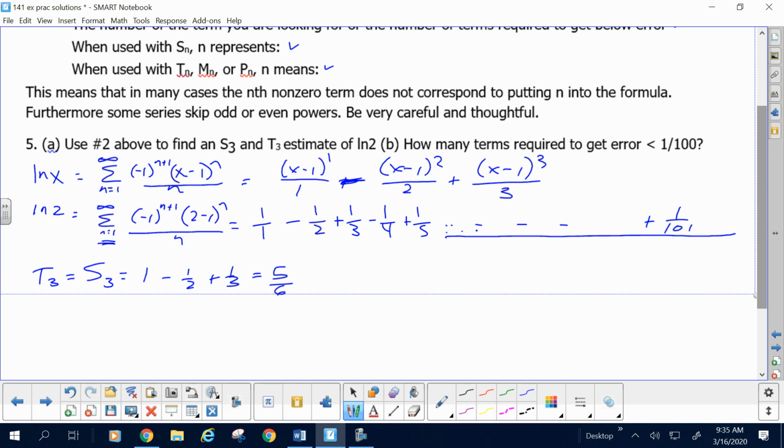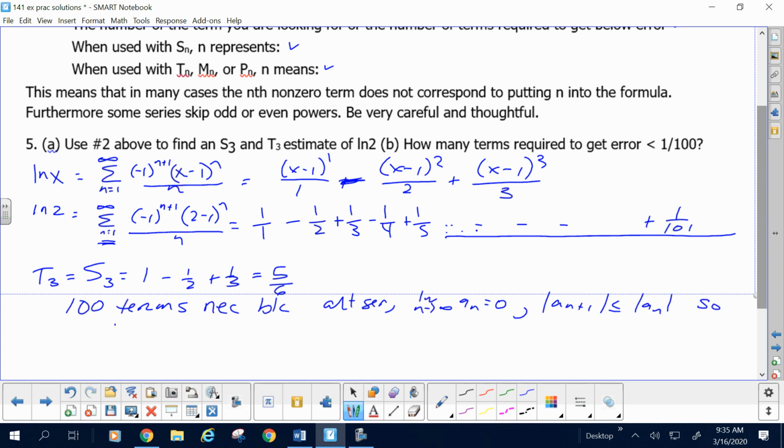So to answer the question, I would say something like 100 terms is the least I would necessarily need. And the reason is because this is an alternating series with the limit of the terms being 0 and the terms decrease in absolute value.